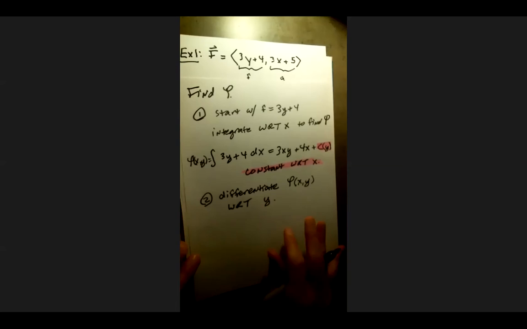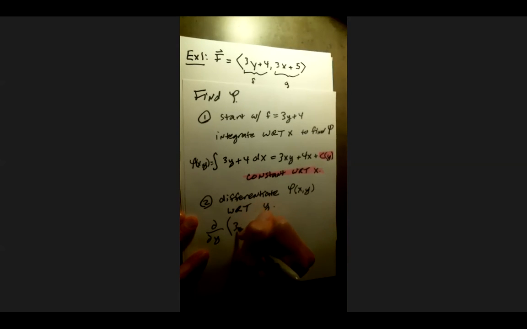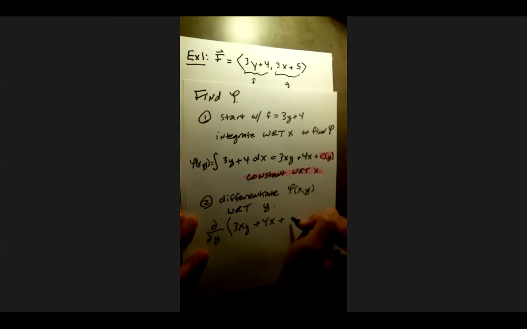So we're going to take the partial derivative with respect to y of 3xy plus 4x plus c of y.